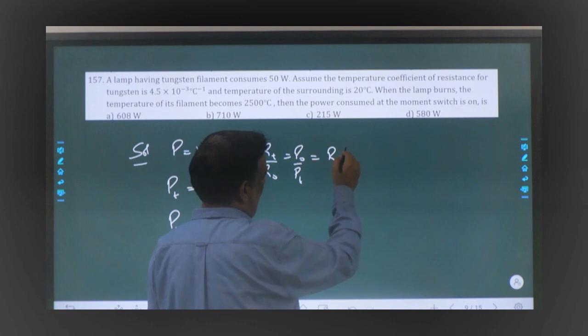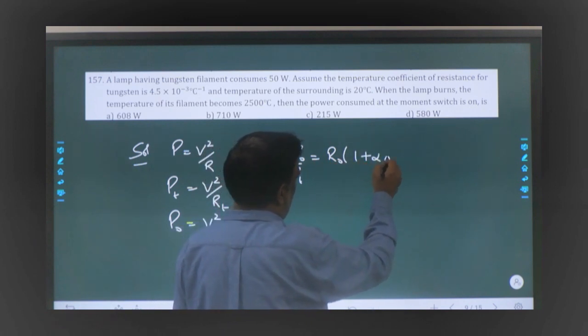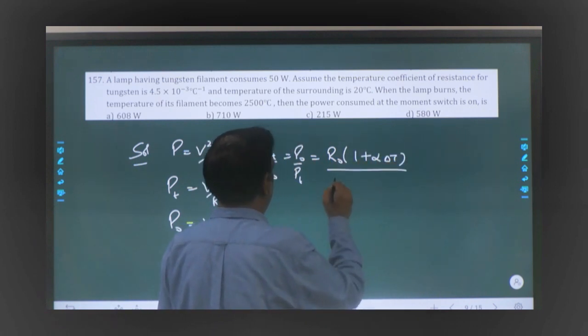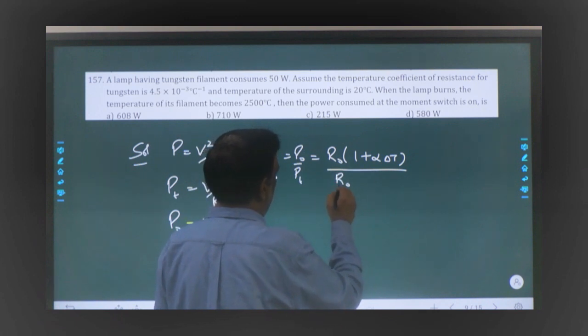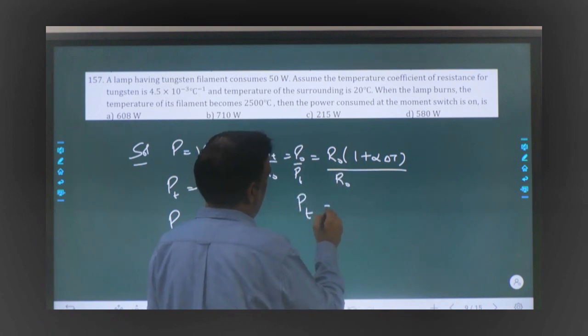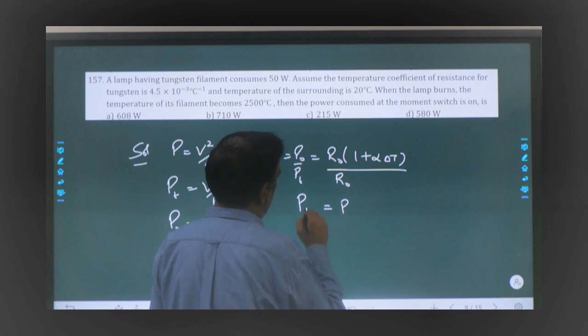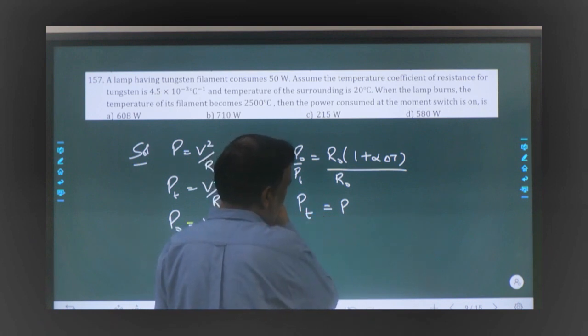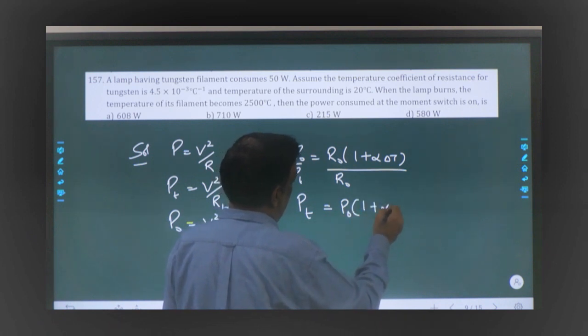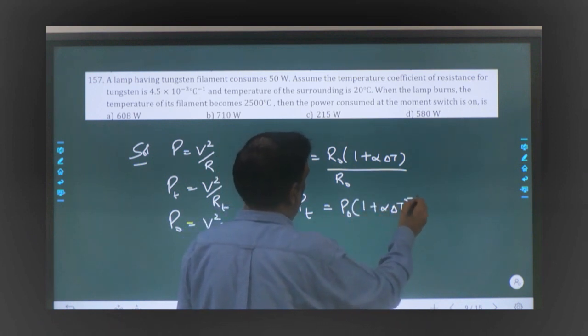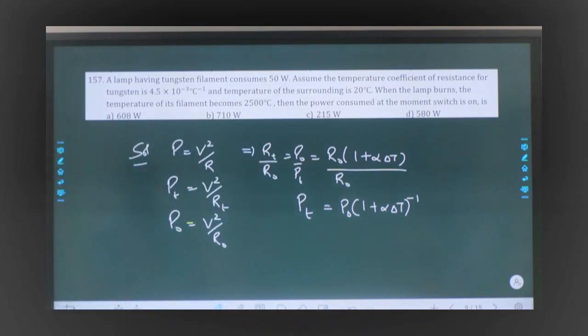RT is R naught into 1 plus alpha delta T. You can solve it to get the answer.